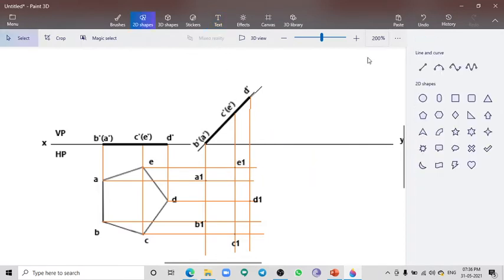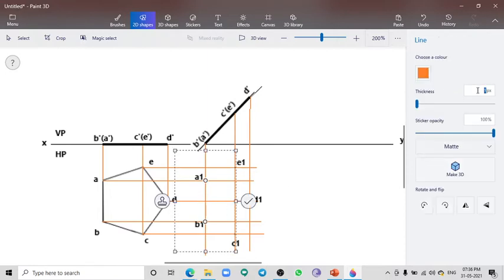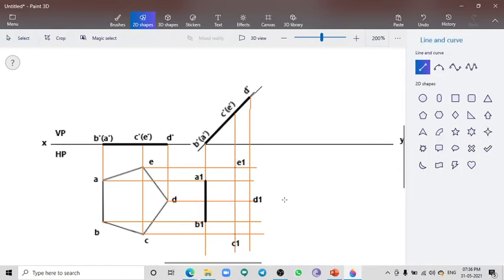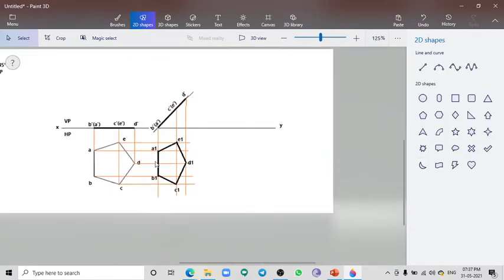Then just join all the points. So we got our top view in our second stage.